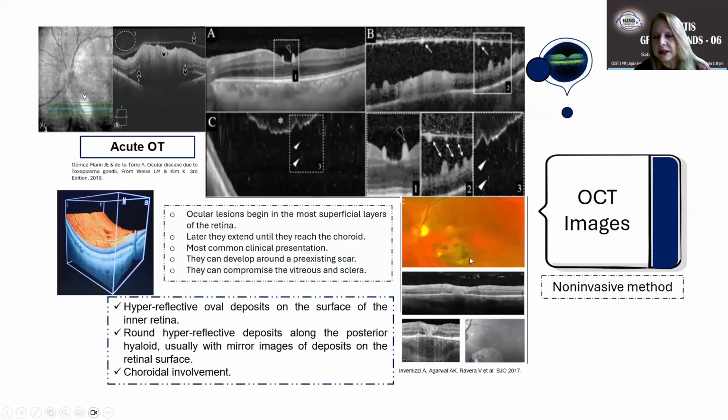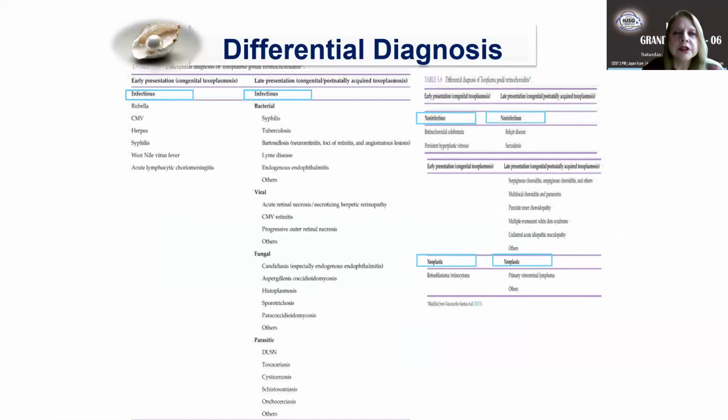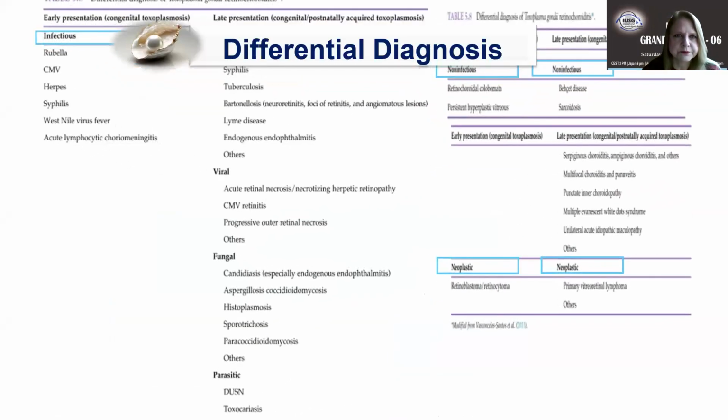Here, there is an inactive lesion with atrophic scar. For the differential diagnosis, we can consider other infectious diseases, non-infectious, and masquerade conditions.